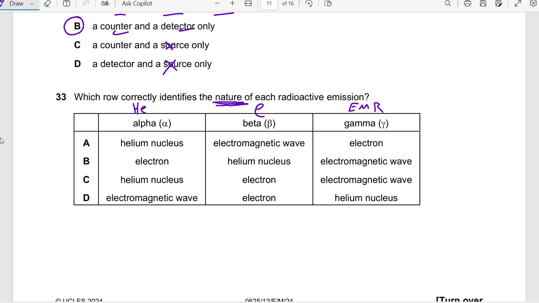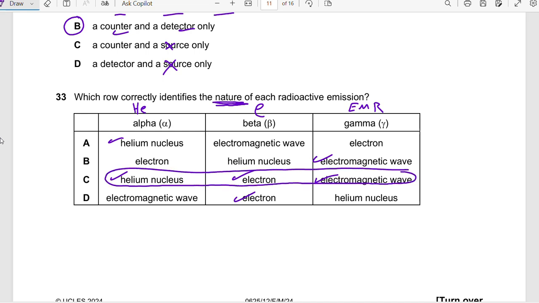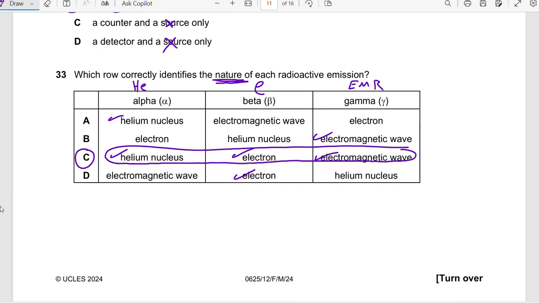So for alpha, here I have helium, helium. For beta, electron, electron. For gamma, electromagnetic wave, electromagnetic wave. So we can see that option C is correct, okay? I hope it's clear.